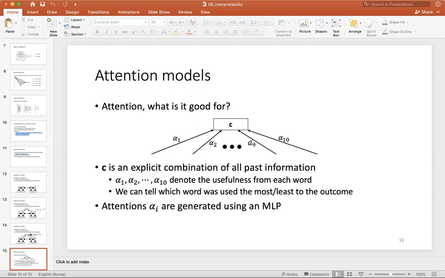So the model has to pay attention to a particular time step, and that indicates its importance. For example, if alpha 2 was 0.9 and all the others were 0.1, 0.01, 0.01, then it means something very important is happening at time step number 2. So it indicates the importance of a specific time step.